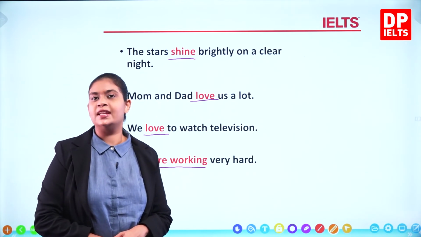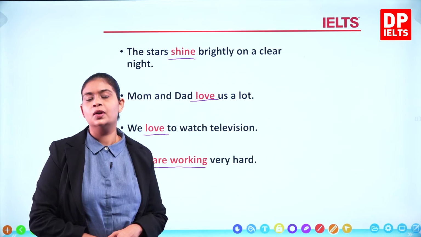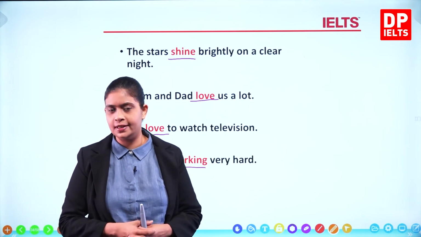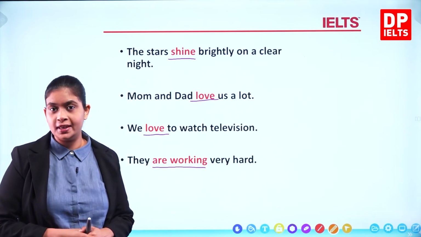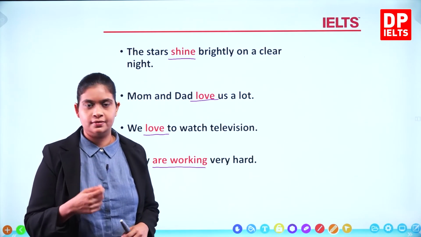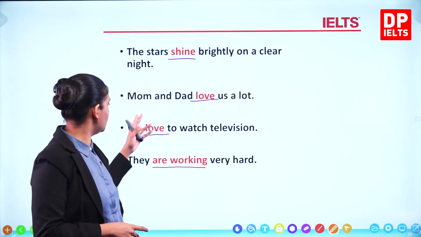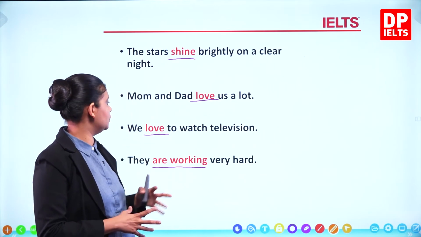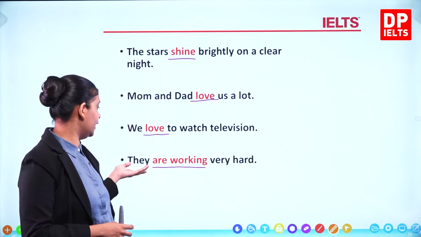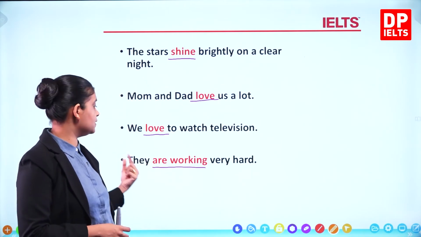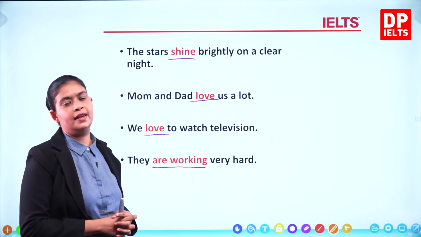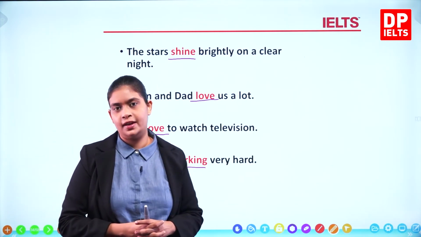You don't say television, that's in Sinhalese. We say television, j. We're going to practice sounds later when you are doing your speaking sessions, right? So, television, okay? So, because we is plural, we use the base form of the verb. They are plural, so present continuous are plus the verb plus ing. They are working very hard.